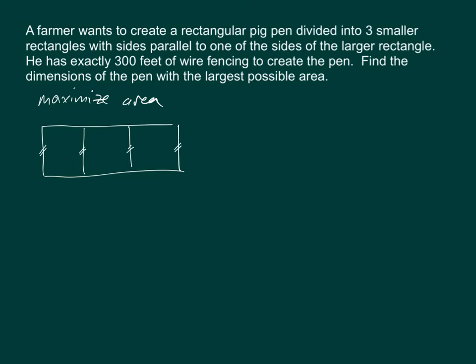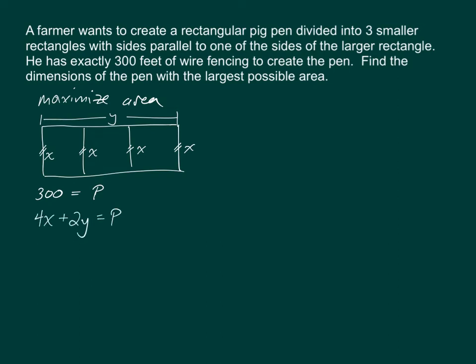So what do we know? We have 300 feet of fencing, and I'm going to use the word perimeter here loosely. The entire perimeter of our shape, if we called this x and x and x and x, and this entire distance y, would be 4 x's plus 2 y's.